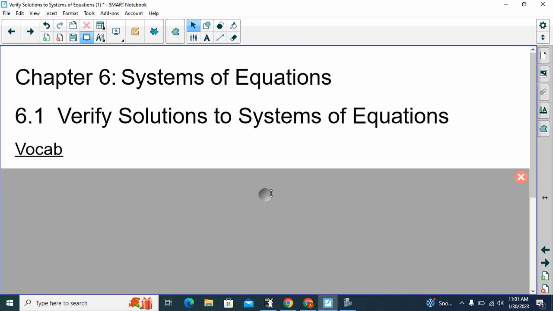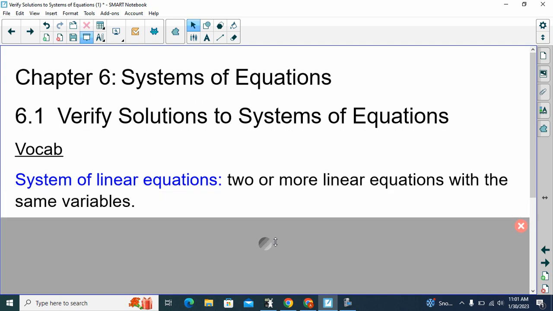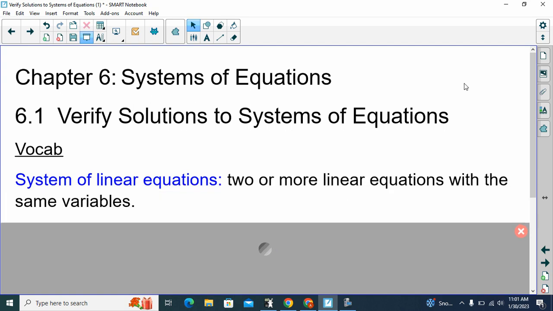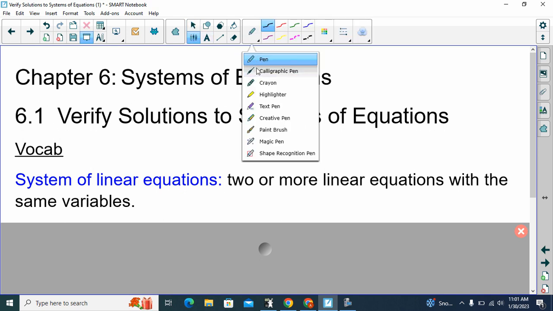Let's start with a little bit of vocabulary, starting with a system of equations. Everything we do will be a system of linear equations. A system of equations is two or more equations with the same variables. Linear equations, everything we've talked about has been a linear equation.